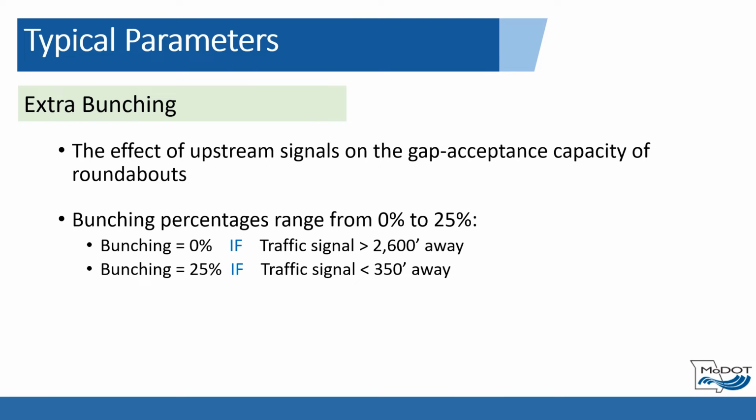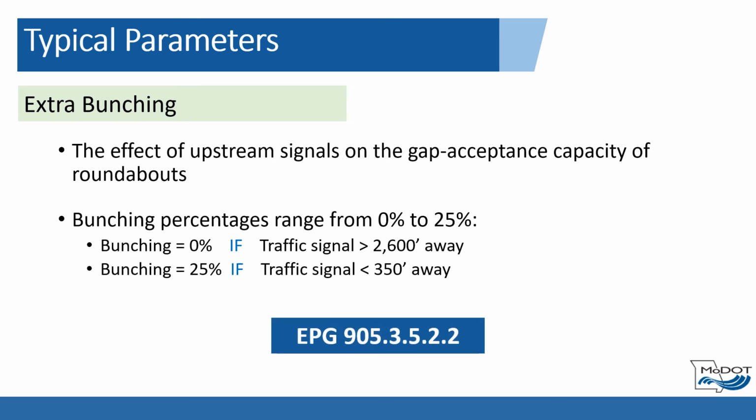Bunching is equal to 25% if the traffic signal is within 350 feet from the roundabout. Refer to MoDOT EPG 905.3.5.2.2 for more information. This EPG also summarizes the intermediate bunching percentages between 0% and 25%.